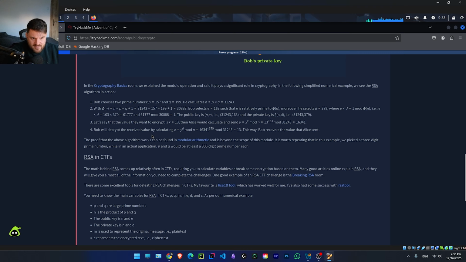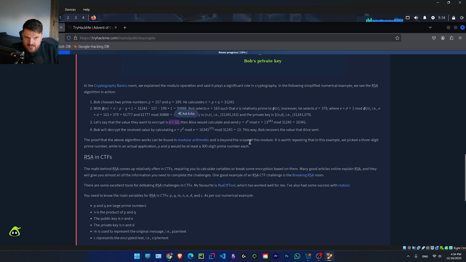Bob will decrypt the received value by calculating x equals y to the power of d modulo n, equals the following. This way, Bob recovers the value that Alice sent. You can see the math, right?